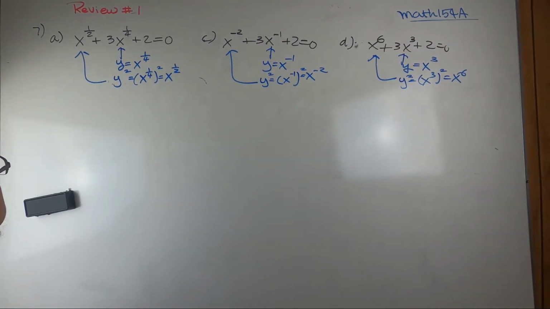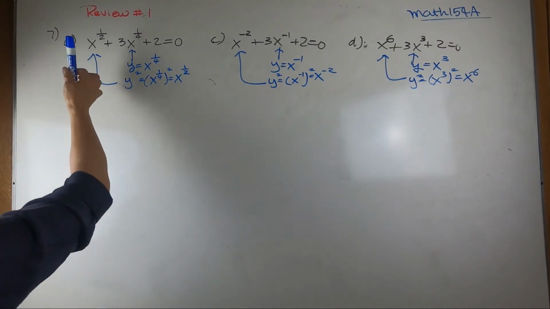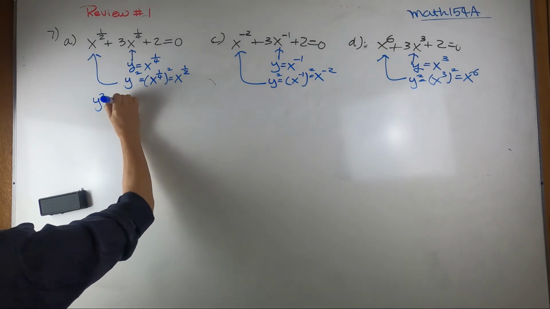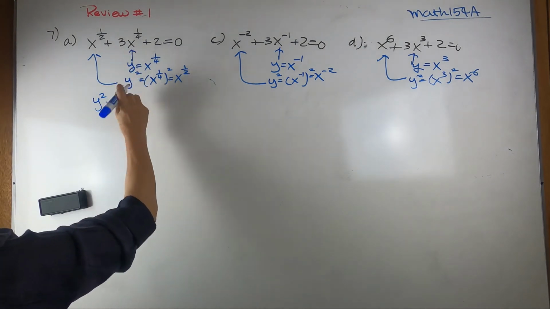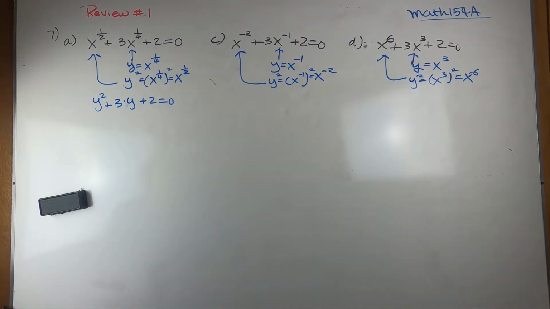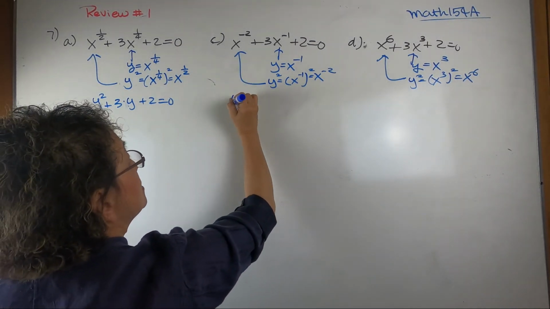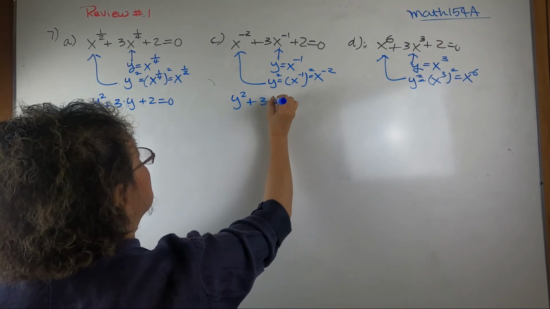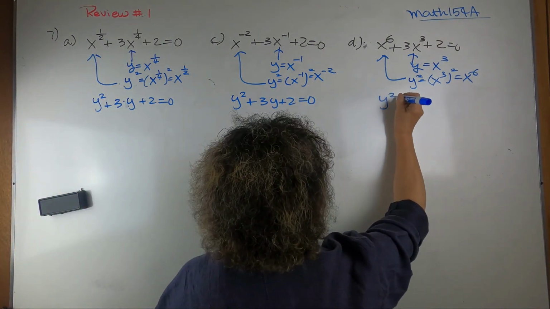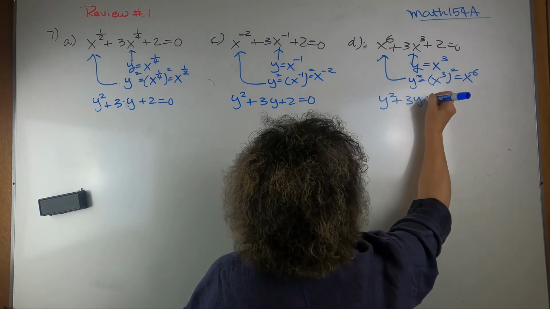So after this, you write all the same, because that will be y squared, plus 3y, plus 2 equals 0. Is that right? Same thing: y squared plus 3y plus 2 equals 0. This one is the same thing.